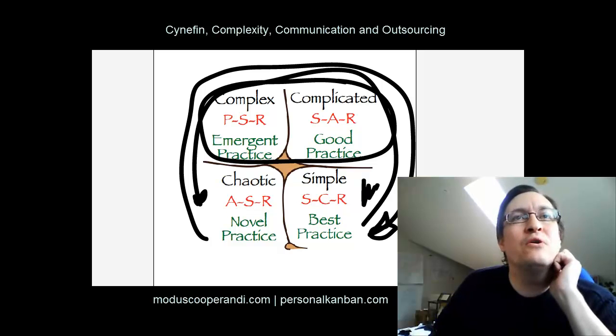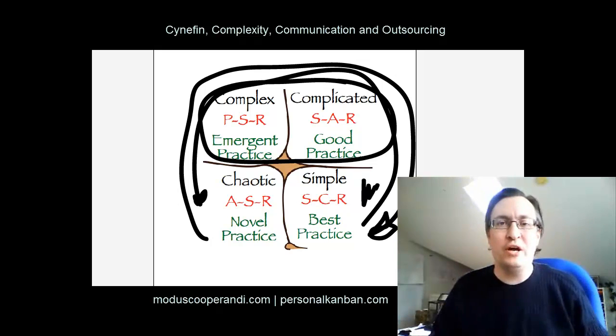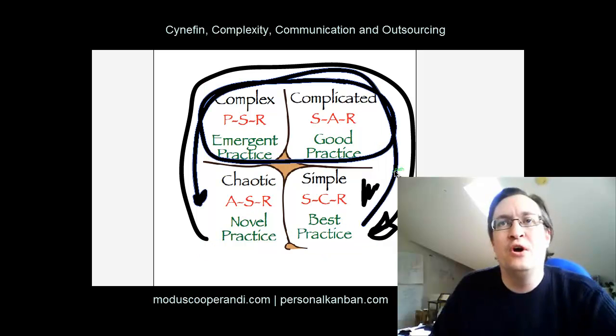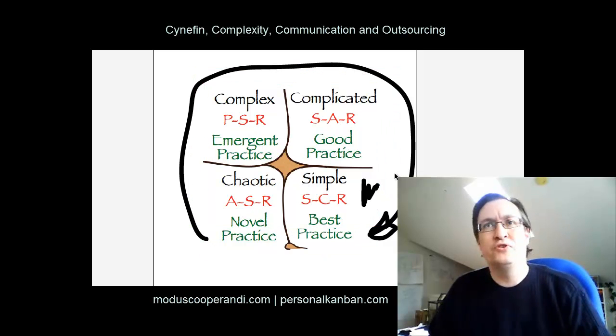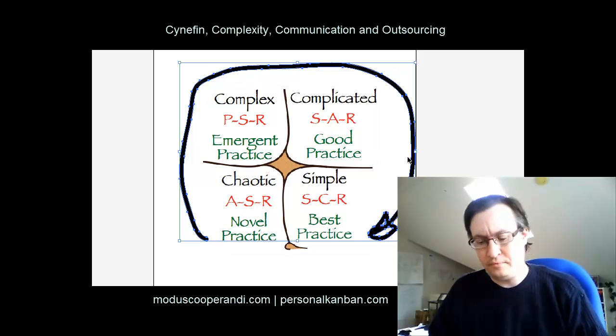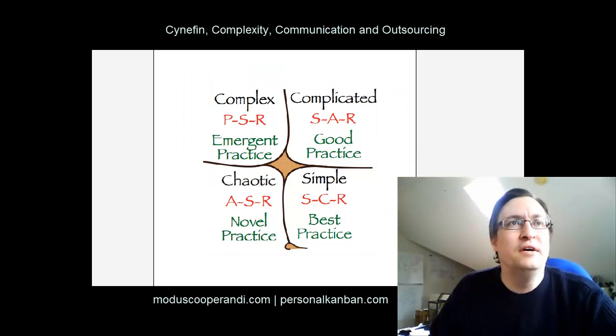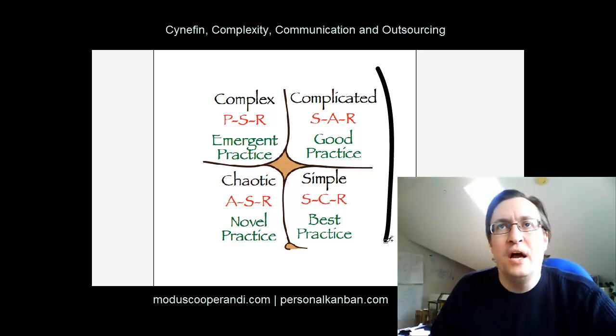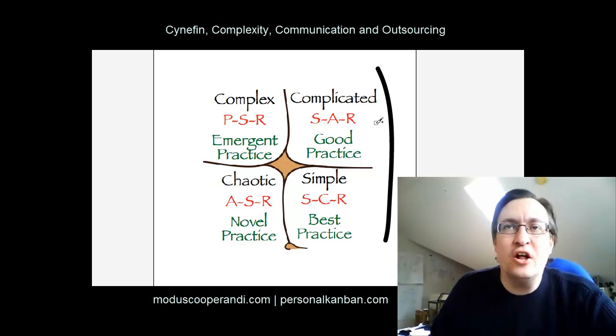So when we are outsourcing things, or when we are working with highly distributed teams, we want to stick to this ordered side, this section over here. We want to be able to clearly tell people what they need to do and have them do it without a lot of guidance.